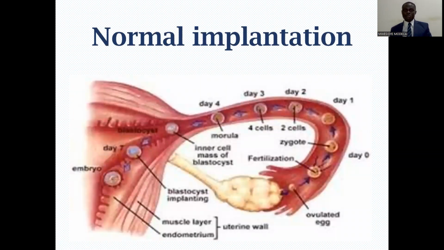So these are the normal implantation sites. When there is an ovulated egg, this ovum has to be fertilized in the ampulla. On day 0, we shall find a zygote has formed. This has to move along the fallopian tube, taking a period of 1 to 4 days.